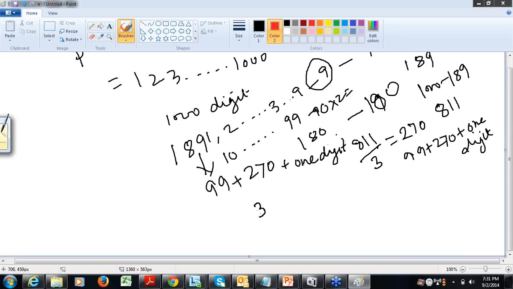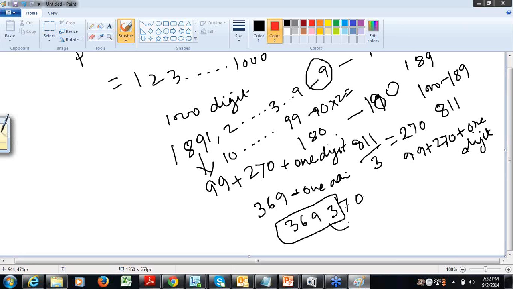So it will be 369, plus 1 additional digit. So it will be 369, 370. So this will be the last 4 digits of the 1000-digit number. So you can find the remainder of this by 16. So 3703 by 16. What will be the remainder? Remainder will be 13.